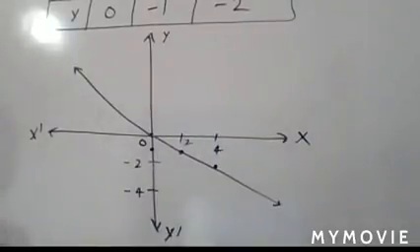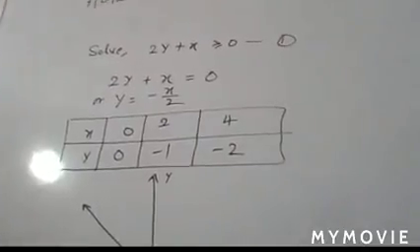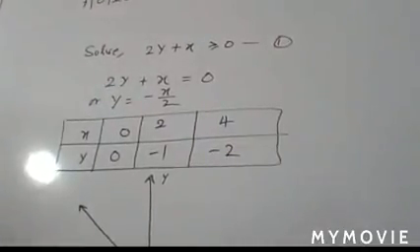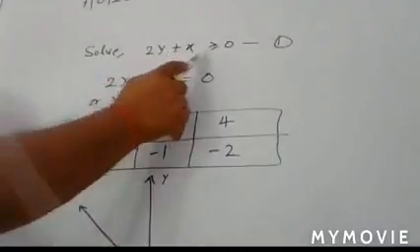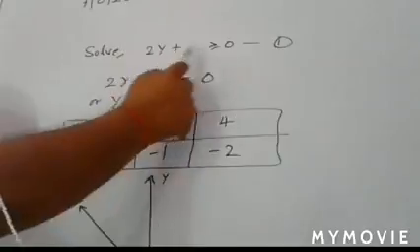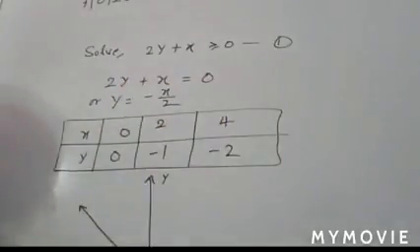Okay, now just you see, here your test point 0 0 completely fails. Understand why? Because if you put 0 0 here, you have 0 greater or equal to 0, that means it is completely satisfying. So in that way you can't determine where your solution exists.